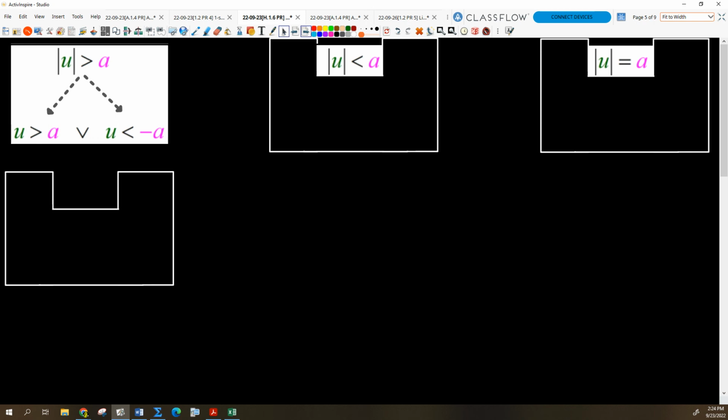Okay, middle one. The isolated absolute value is less than some number A. Madeline, what'd you get for that one? Anson, what'd you get?